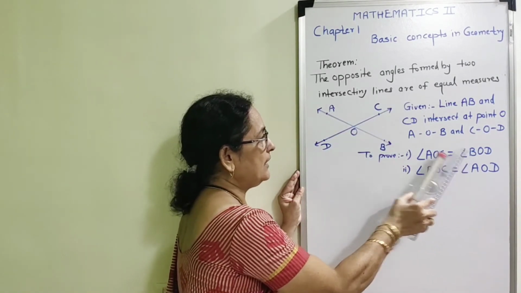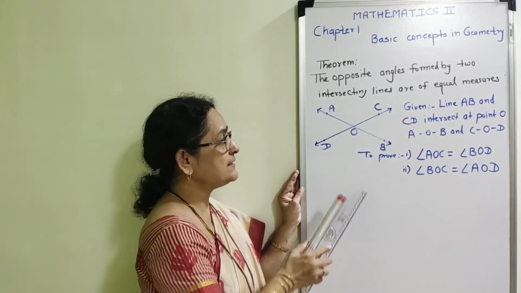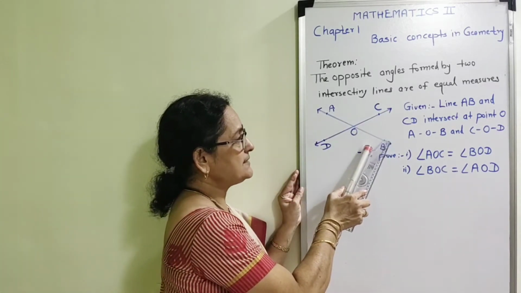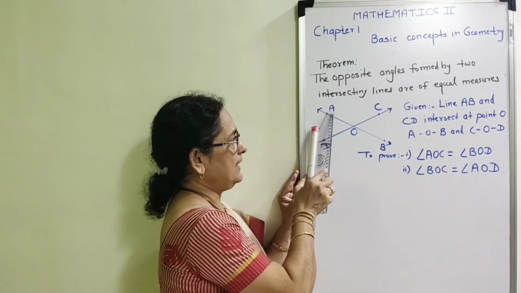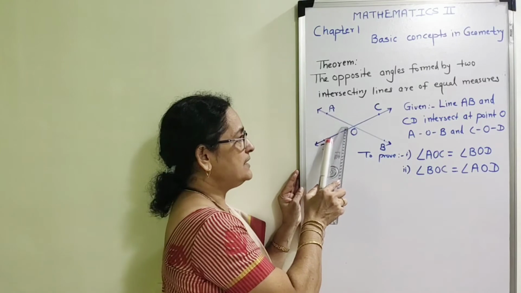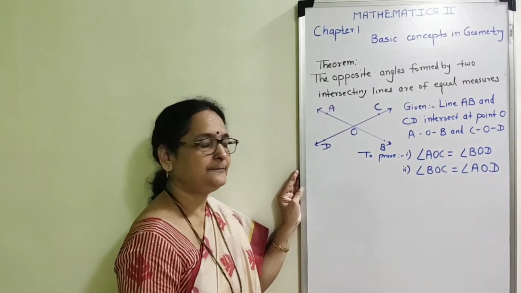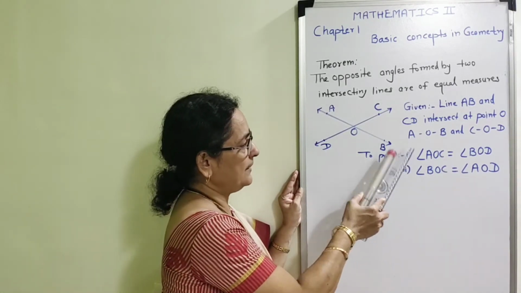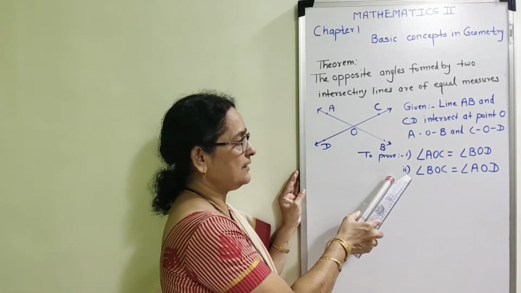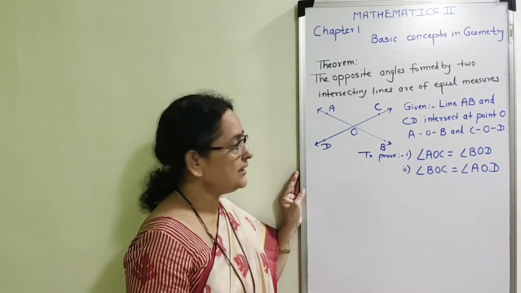The second pair of opposite angles is angle BOC and angle AOD. Here we are going to prove the first pair; similarly, it is true that the second pair is also equal.